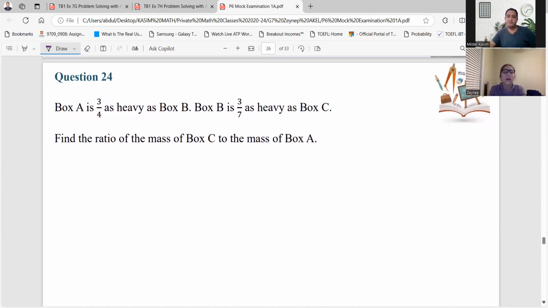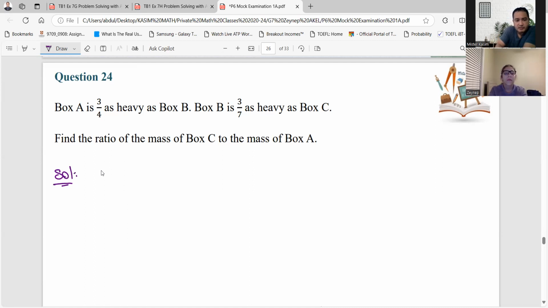Box A is 3/4 as heavy as box B. Box B is 3/7 as heavy as box C. Find the ratio of the mass of box C to the mass of box A. Box A is 3/4 as heavy as box B. What does it mean, Zainab?